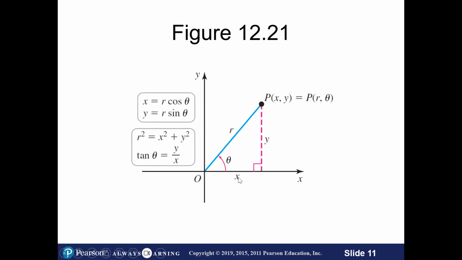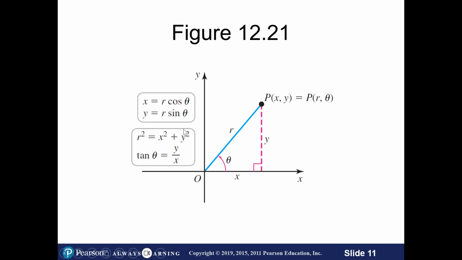The obvious thing that jumps out is that it's a right triangle, so the hypotenuse is r, and r squared equals x squared plus y squared. So if I have x and y and I want to know what r is, easy peasy: r squared equals x squared plus y squared. Going back to our friend the right triangle, what do I know about the tangent of the angle theta? It is the opposite over the adjacent, which would be y over x.